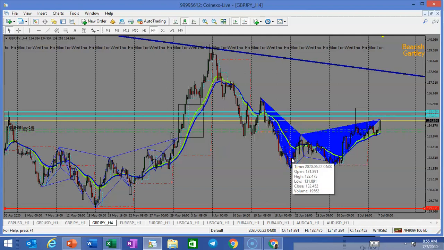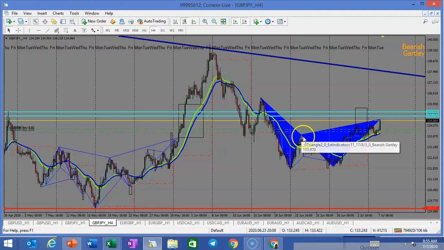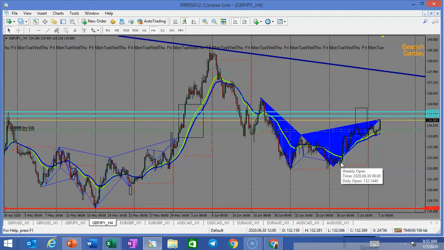So again, a trend change is when price action disrupts a lower high pattern.